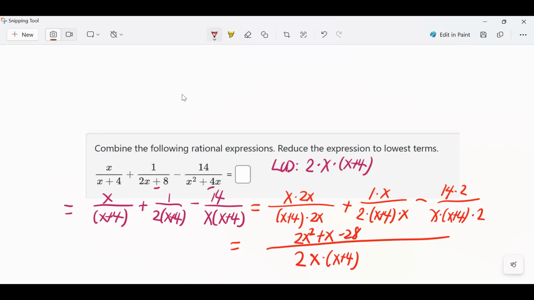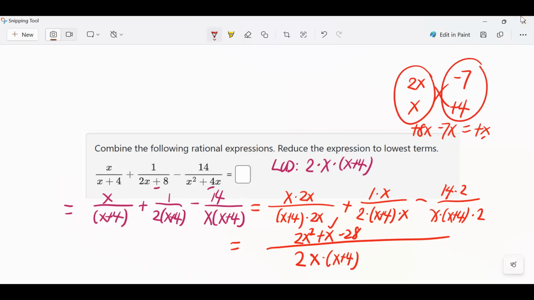And do we stop here? Anytime you see a trinomial on top, you should always try to factor that, right? So we must not stop here. Adding 4, minus 7 here. If you cross multiply, you get plus 8x minus 7x, which is x, the middle term. First term, last term, middle term.